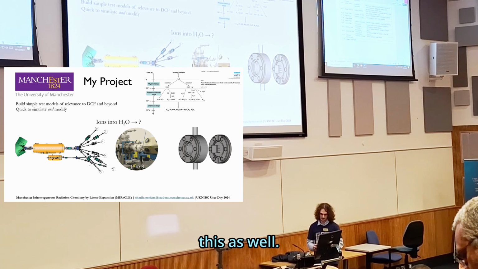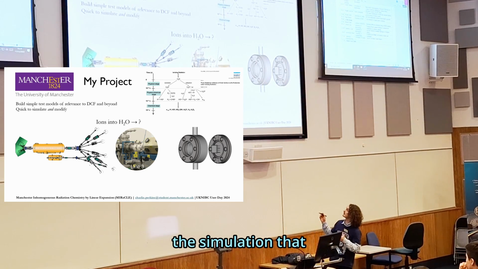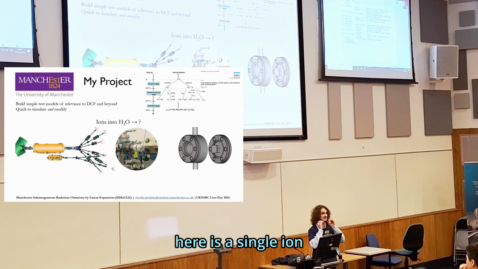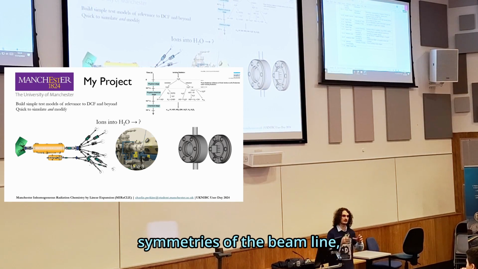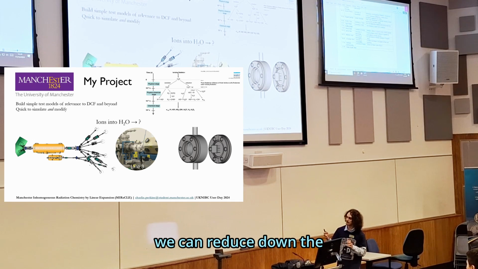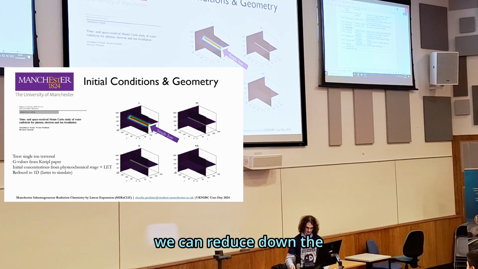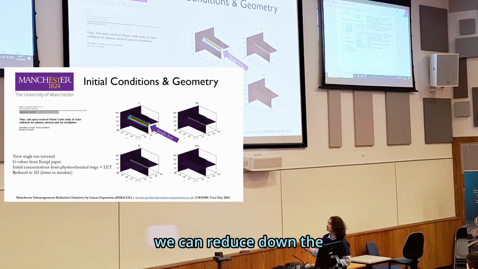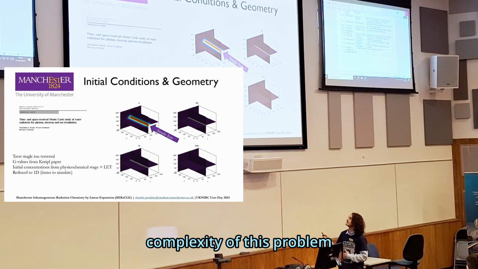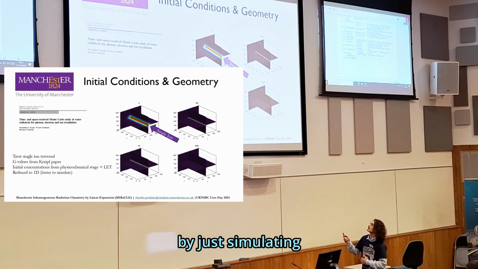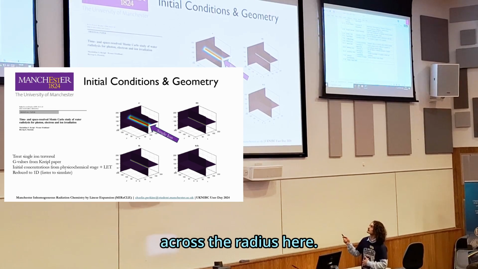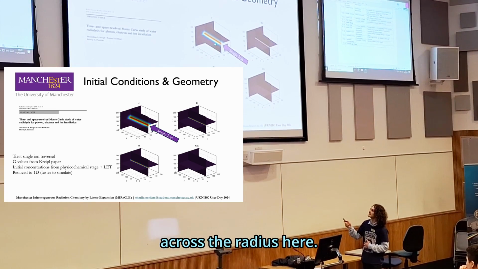The simulation that I'm attempting to develop here is a single ion going through water, and because of the symmetries of the beam line, we can reduce the complexity of this problem down to one dimension by just simulating across the radius.